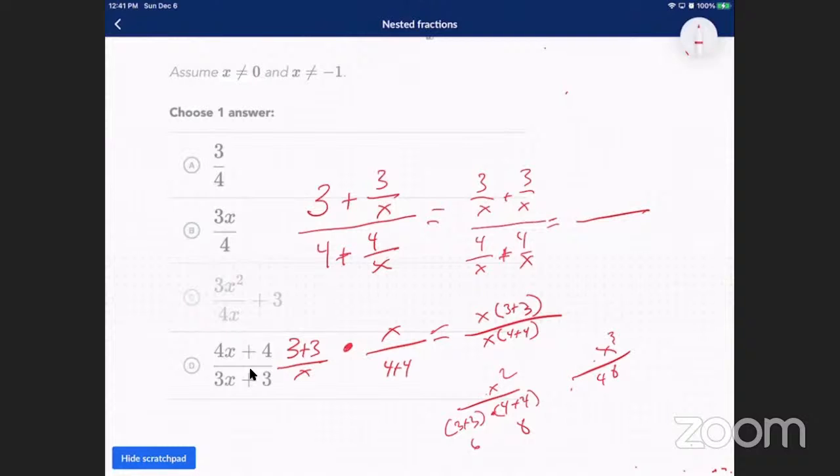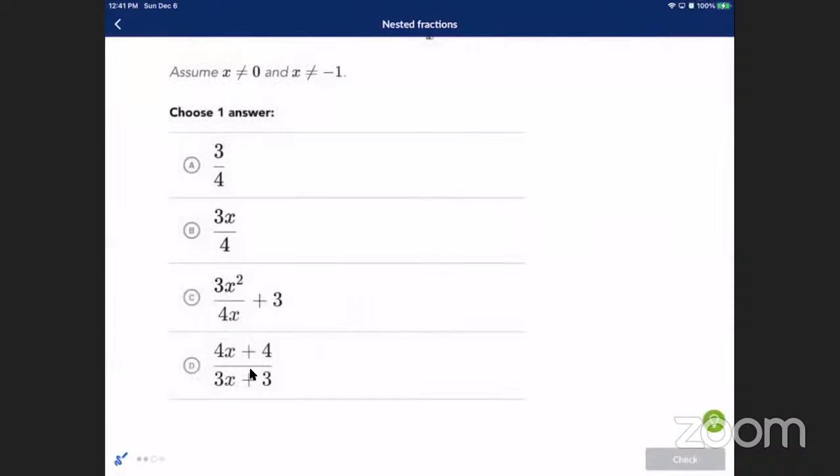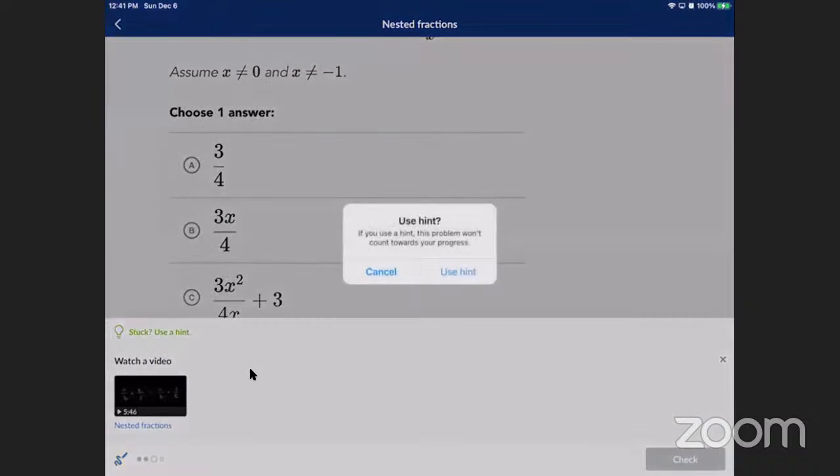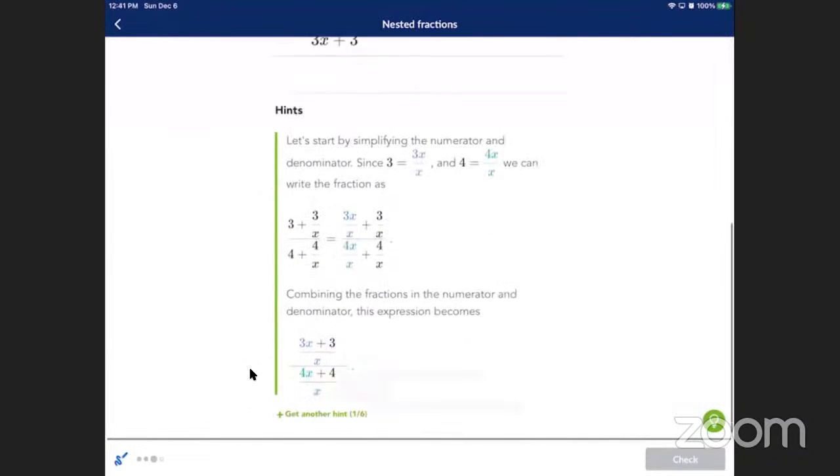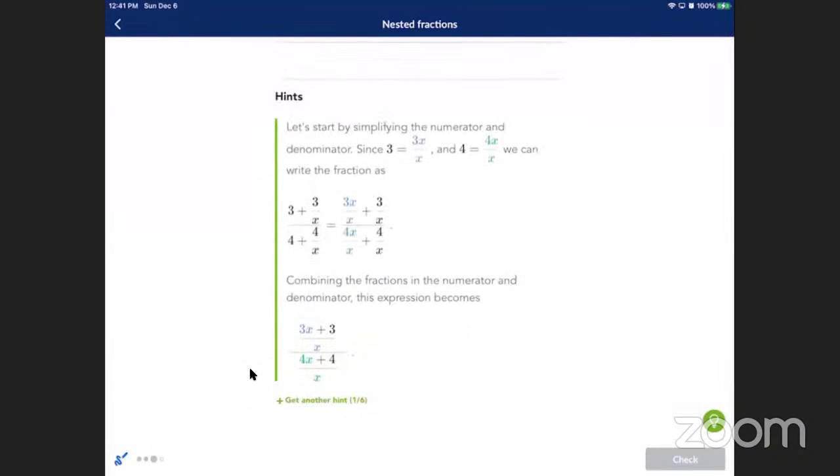But I feel like I get stuck with that. So we do this, we do that, this is okay. But then when we flip it, yeah, we get to that part.